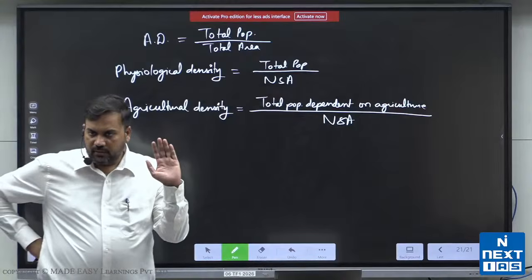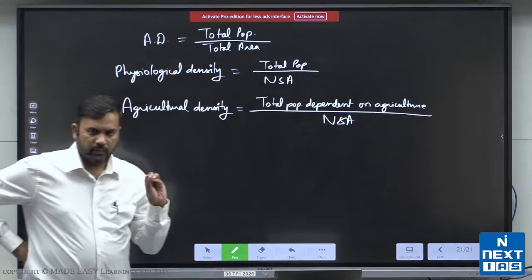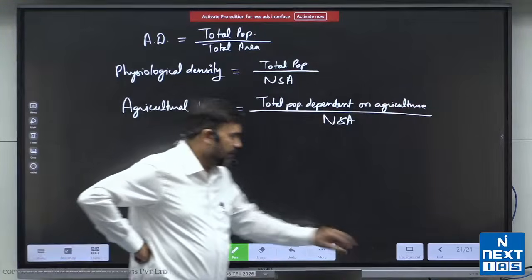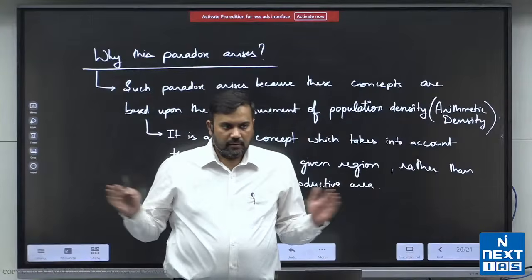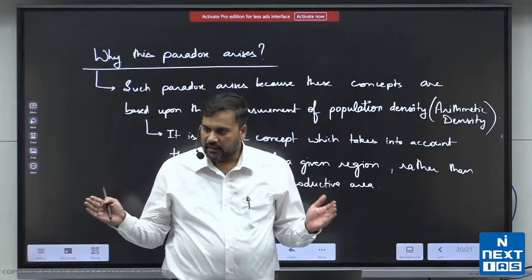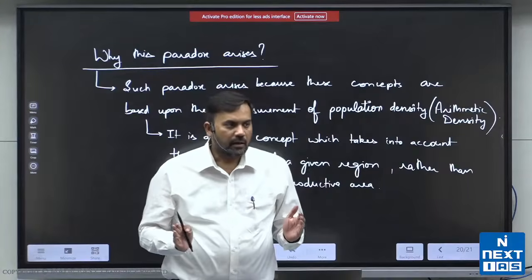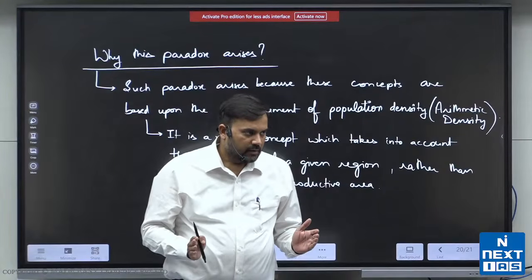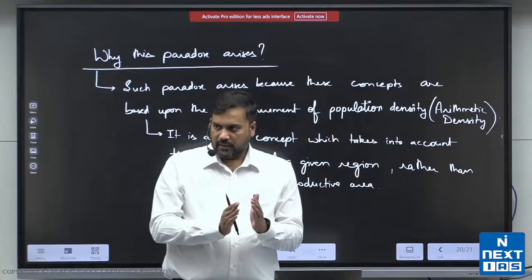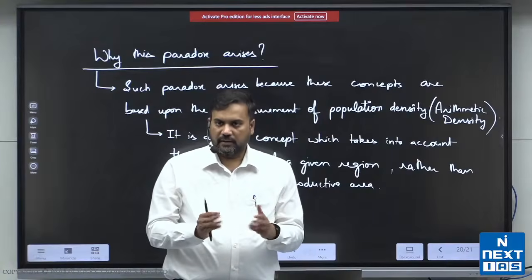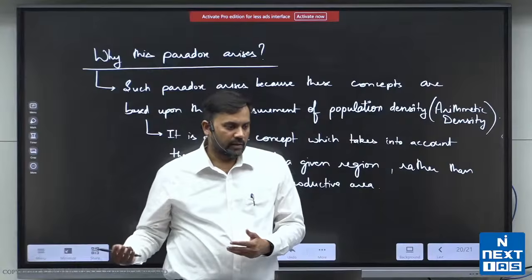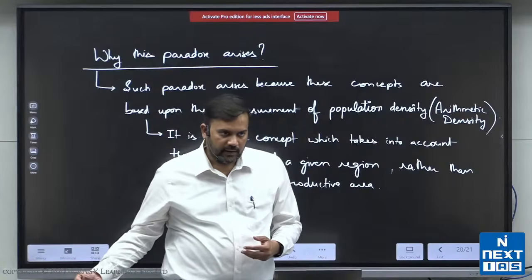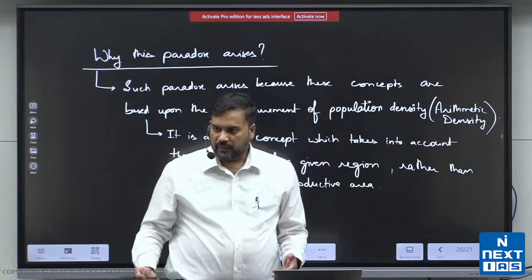I hope you understood. So where does the problem arise, why does the paradox arise? Because we are measuring the total area of Rajasthan, and we are calling it underpopulated. Okay? If you actually look at how much of the area is actually being productively used, we will find that maybe it will come into the overpopulated category, like the case of Egypt.